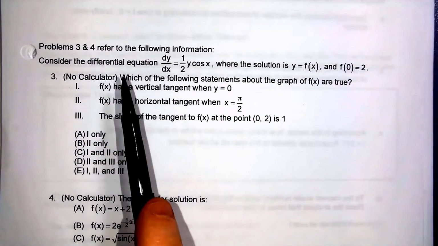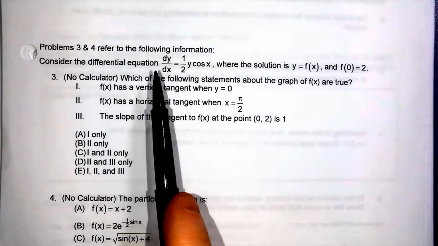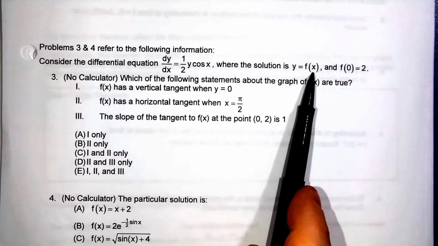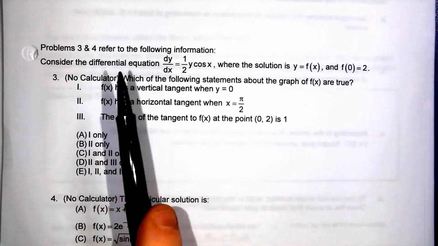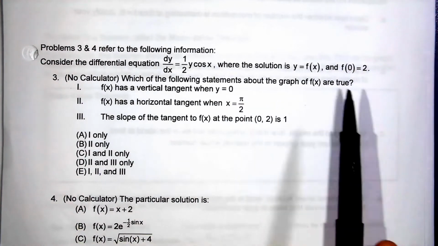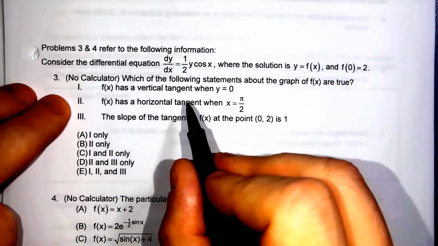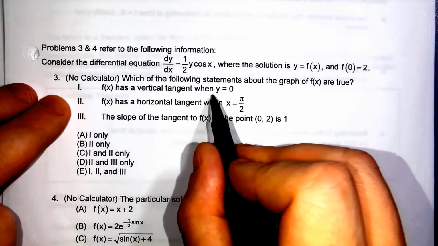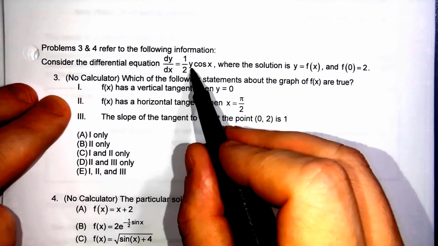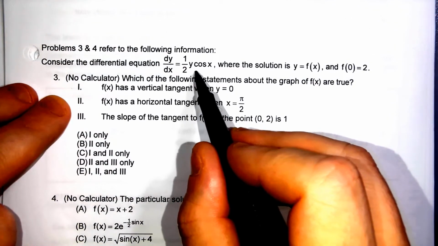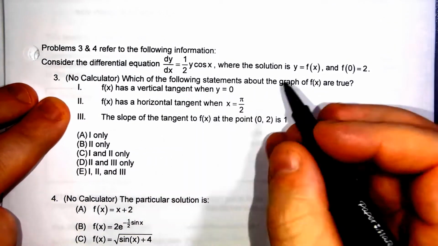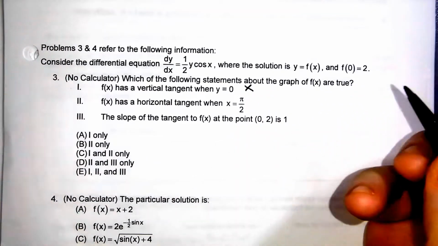Okay. Consider the differential equation, this, where the solution is y equals f of x and the initial condition is 2. Which of the following statements is true? Okay. When y equals 0, this would become 0, and so f of x would have a horizontal tangent, not a vertical.